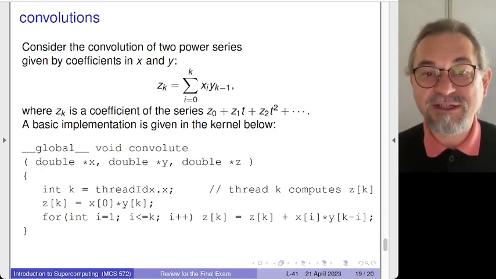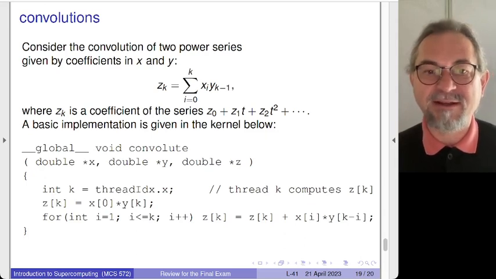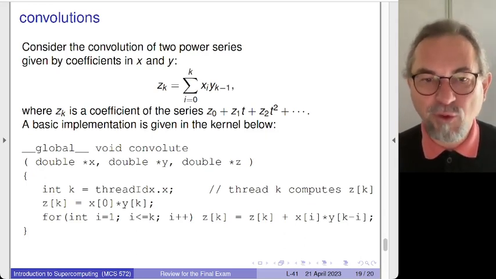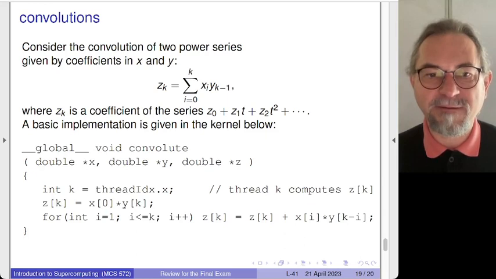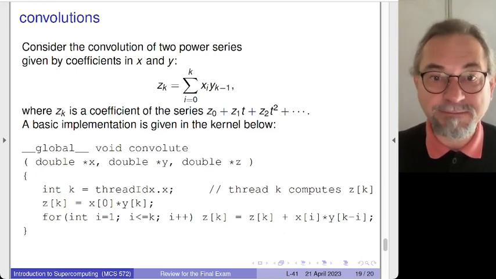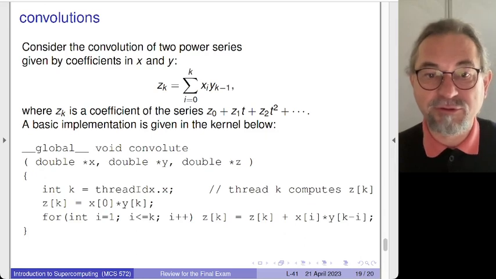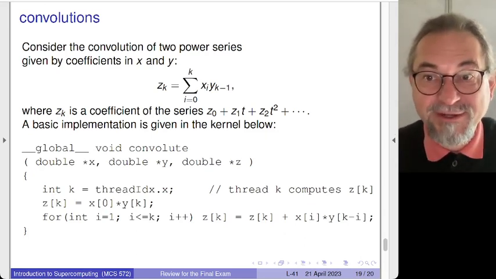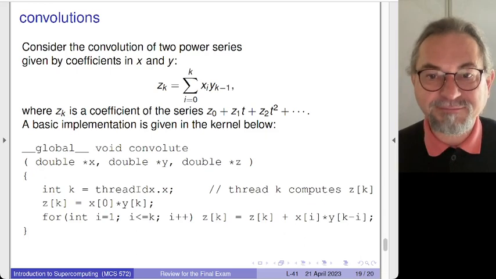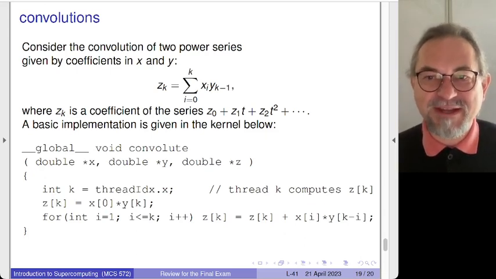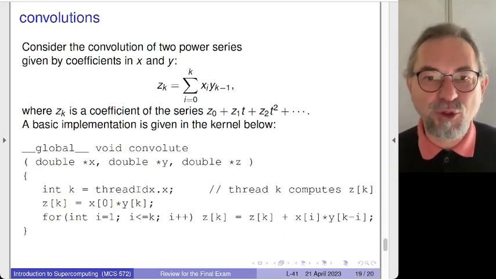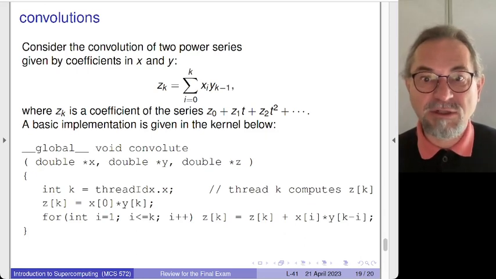At some sense again, this is a very straightforward kernel. It's data parallelism: the kth thread computes the kth element. At first there is nothing wrong with this, but again, coming from the previous exercise, the compute to global memory access is not good.